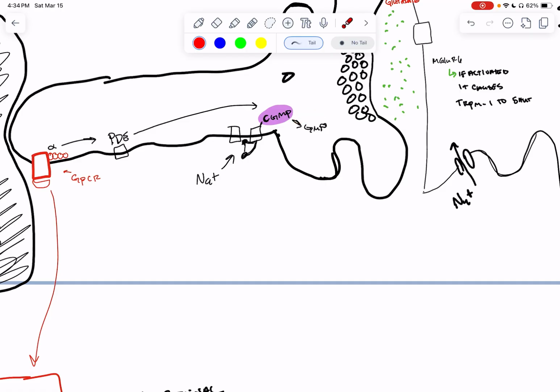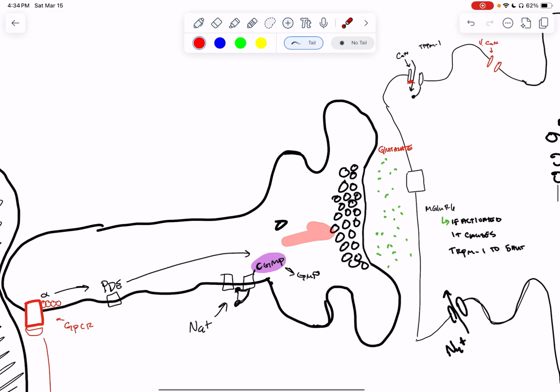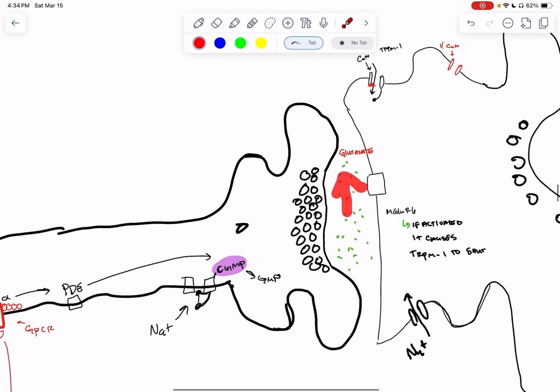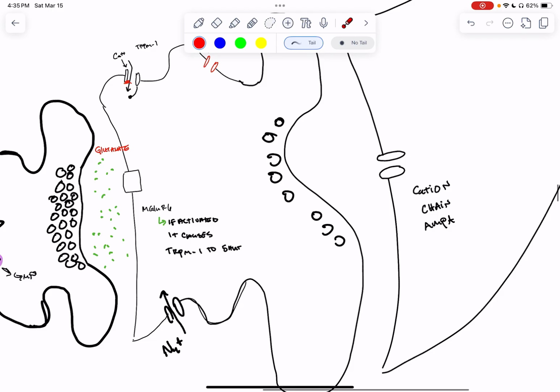So this channel is going to stay open, which allows sodium to rush into the cell. When sodium rushes into the cell, it's going to cause calcium to rush into the cell, which is going to bind to these vesicles, which is going to release more glutamate, which is going to bind to the mGluR6 G protein over here.